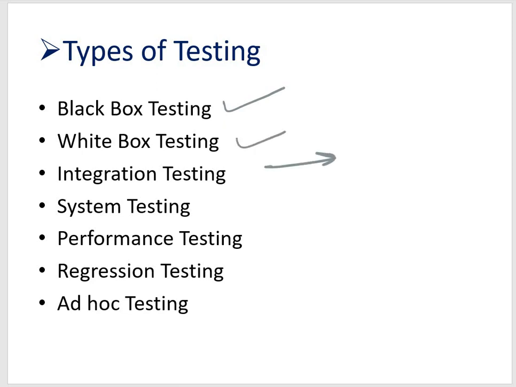Then, in order to test the interfaces, we have integration testing. Then we'll be testing the system as a whole, and then we look for the non-functional attributes, a crucial one of which is performance. Then we have regression testing, and then ad hoc testing. So these are the many testings which we are going to cover.